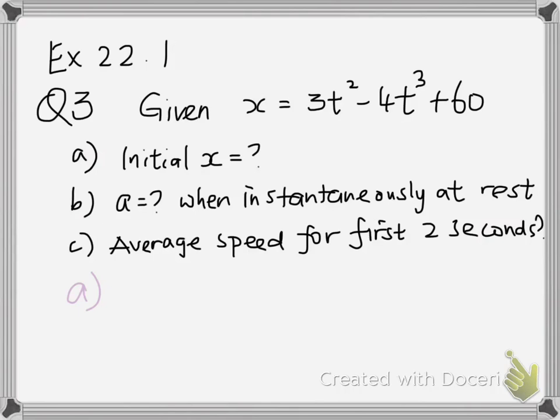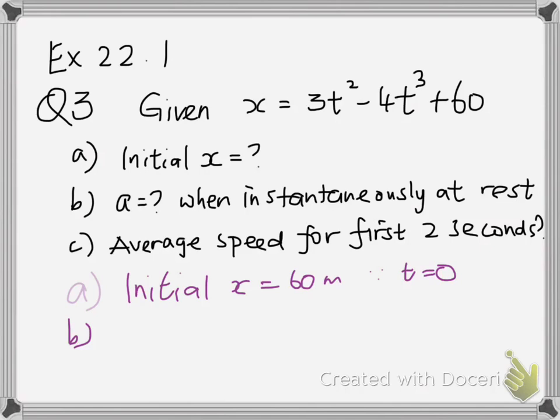Where is this body? When time is 0, it must be 60, okay? So that's exactly as what you said, yeah? So initial x equals 60 meters because time is 0. Okay?